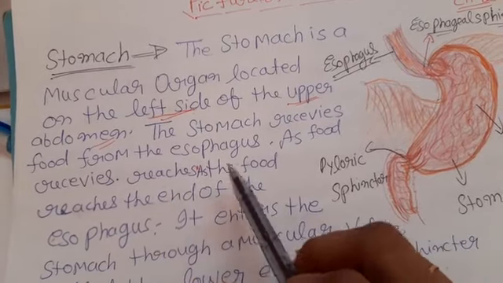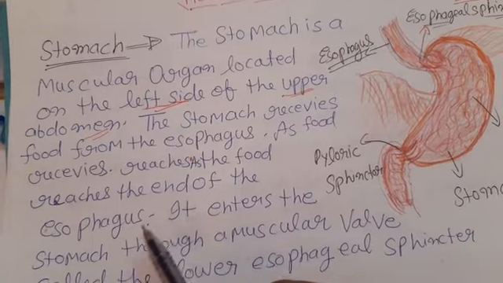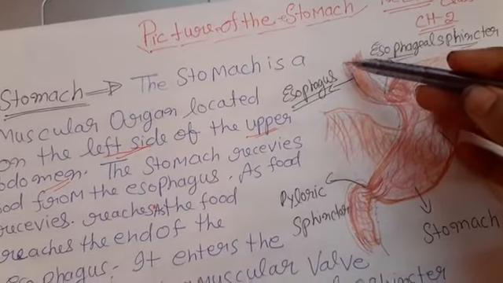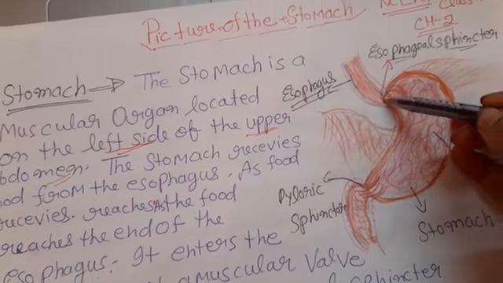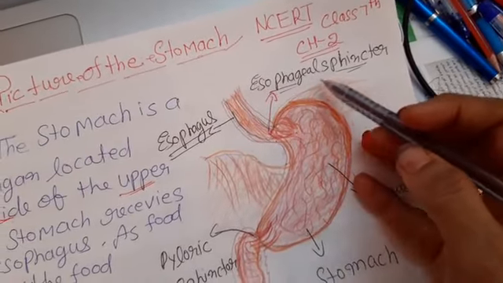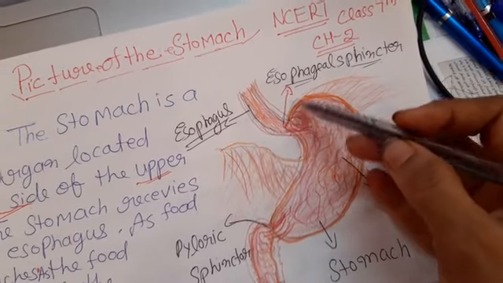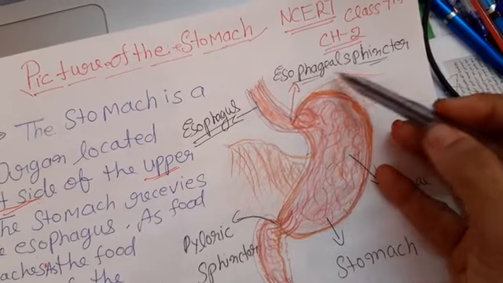As the food reaches the end of the esophagus, this point is the end of the esophagus. This is called the esophageal sphincter.